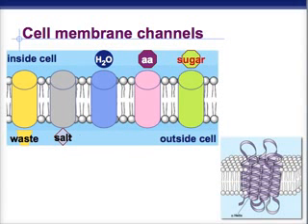To get other materials through, the cell membrane has to make channels or doors in its membrane. These protein channels allow substances in and out, and they are specific to the material they allow in and out. There are water channels, salt channels, sugar channels, amino acid channels, and other things that need to get in and out have specific channels.